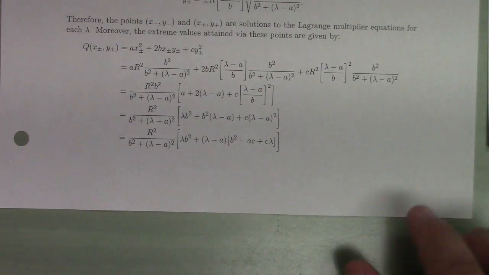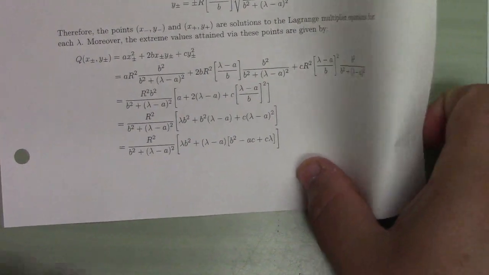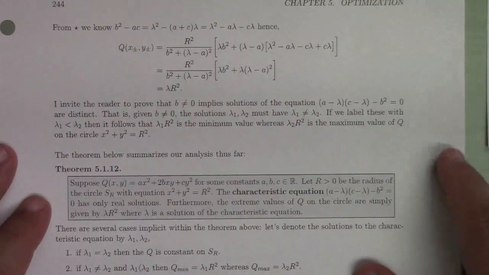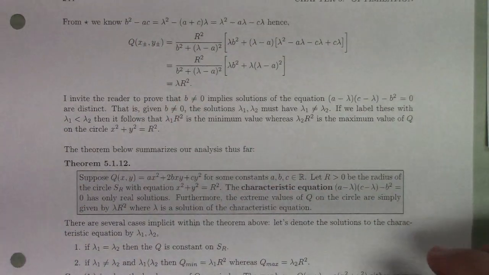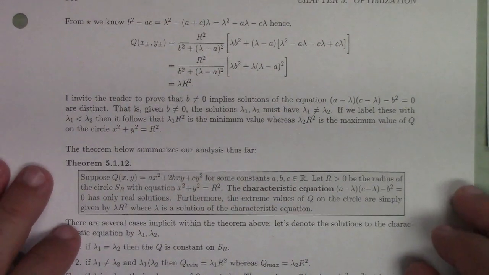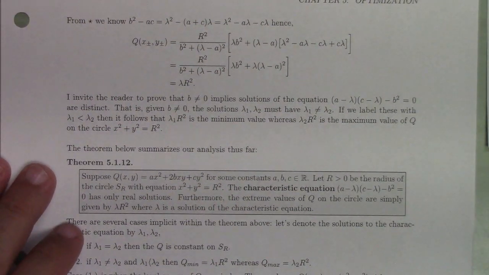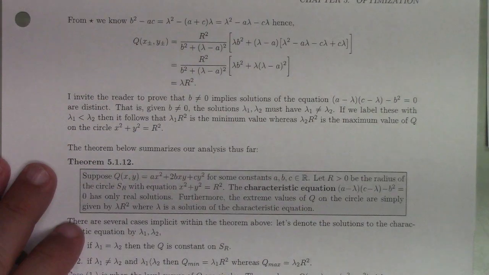But it's beautiful in that it's not just that. It simplifies down to just lambda r squared. In other words, the Lagrange multiplier for this problem turns out to be the eigenvalue for the quadratic form here.